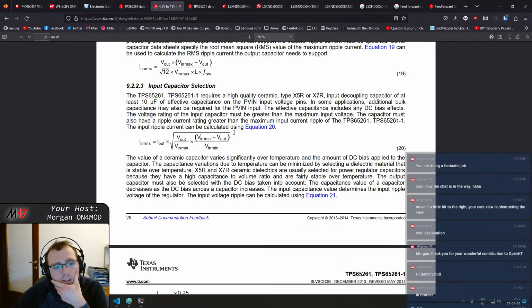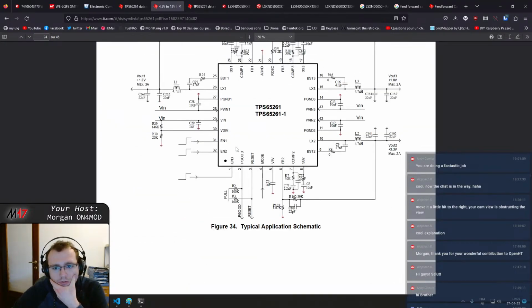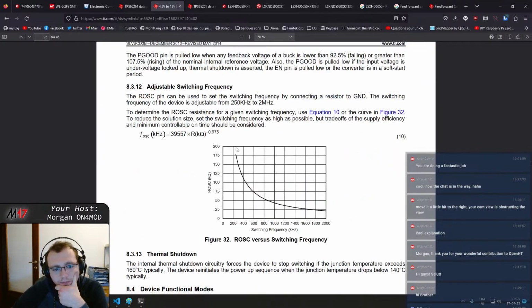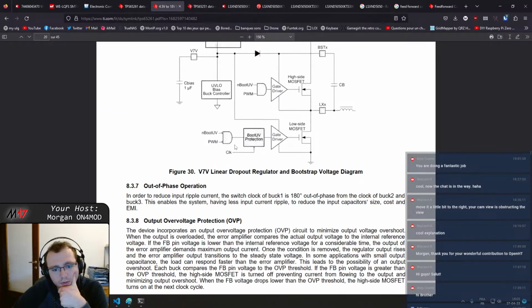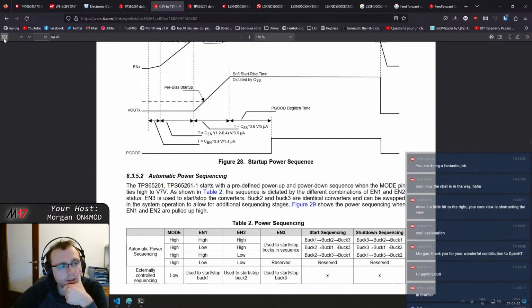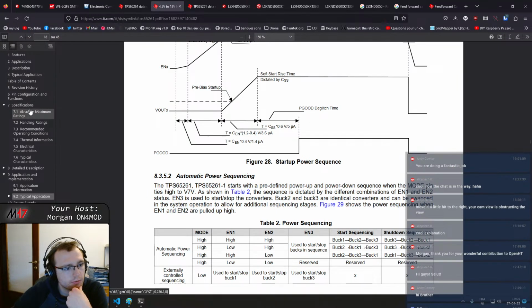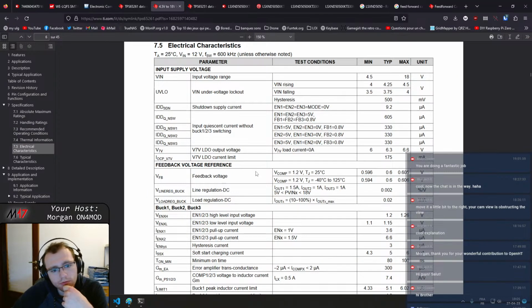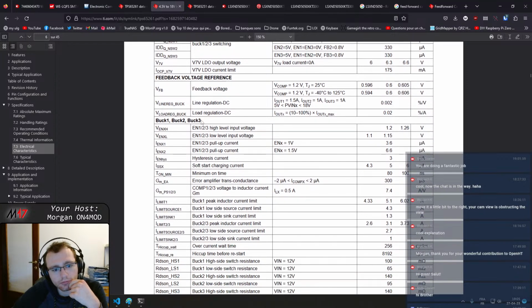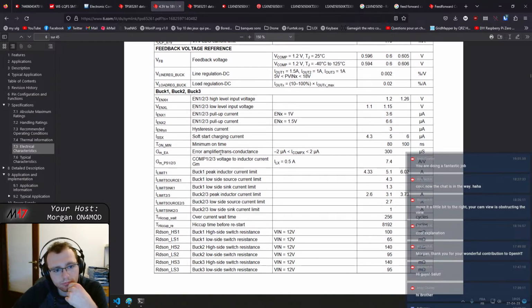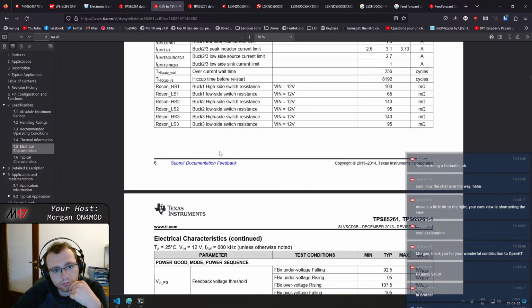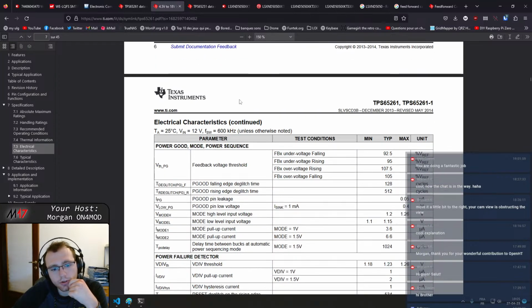Does the datasheet mention anything about an equivalent CFF in the electrical specifications? So they have a switching resistance.